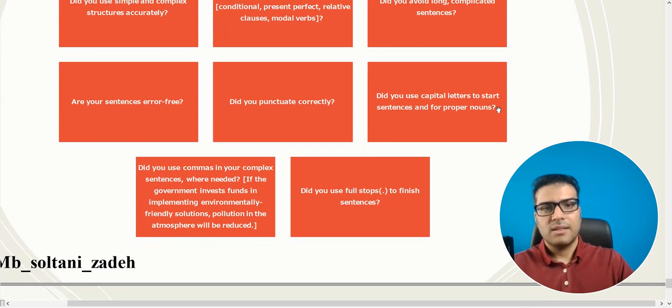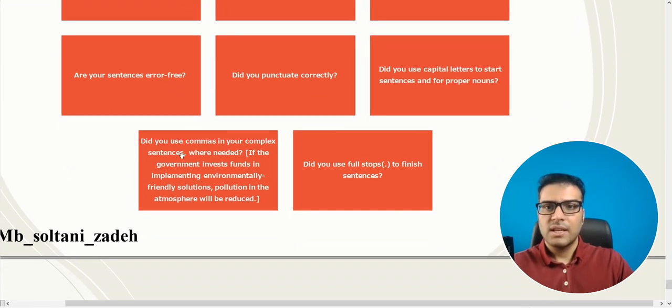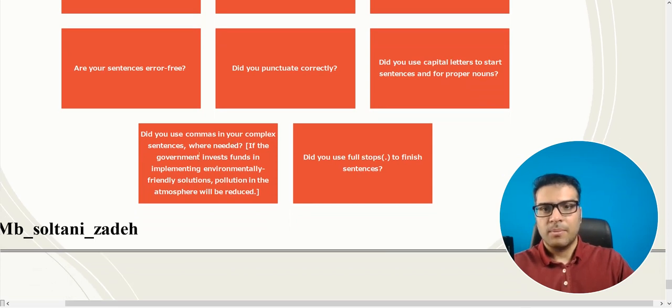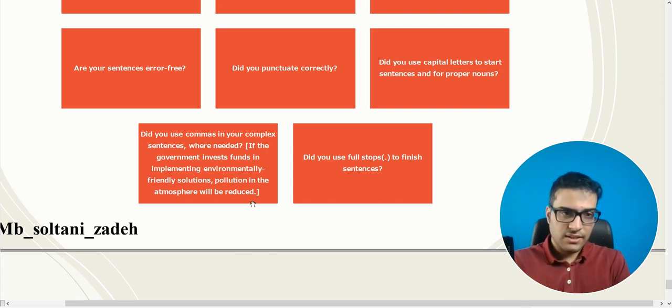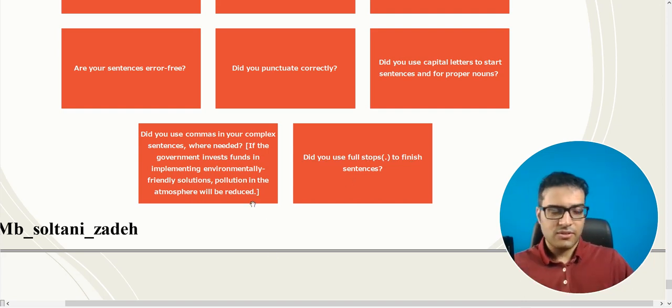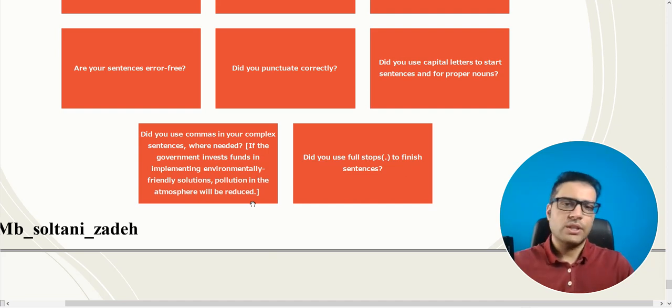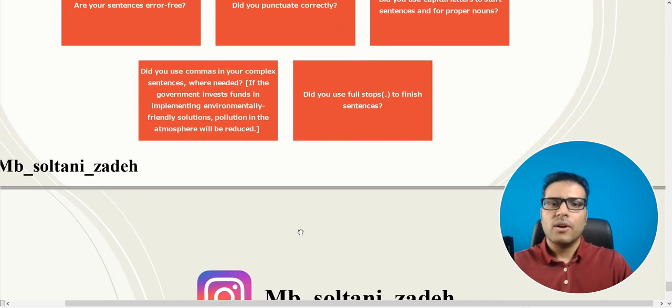Did you use capital letters to start sentences and for proper nouns? Did you use commas in your complex sentences where needed? If government invests funds, so you can see that we have conditional sentences. Did you use a full stop to finish sentences? And if you answer these questions, you can realize whether you're going to get a band 8 or not.